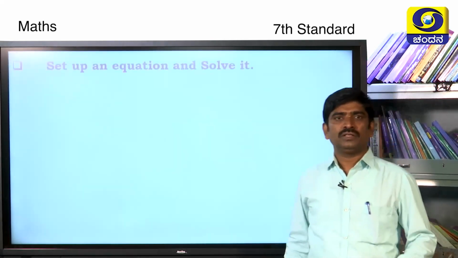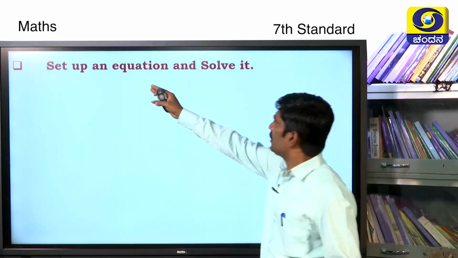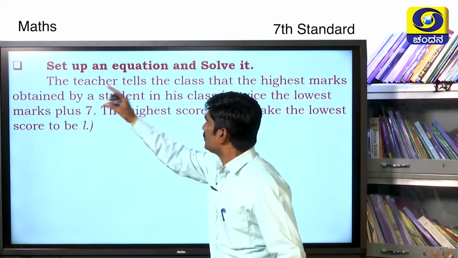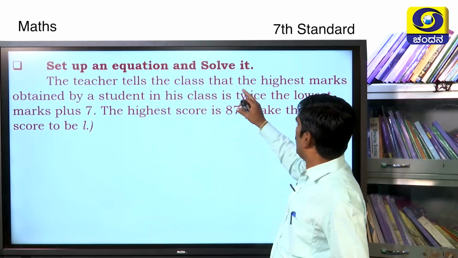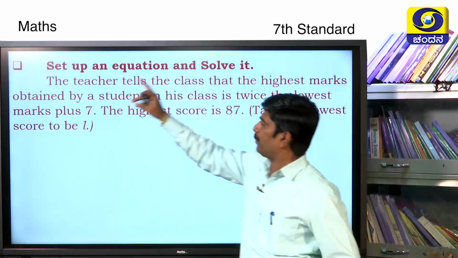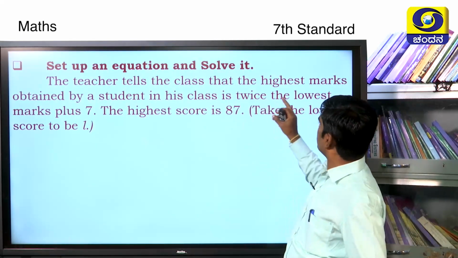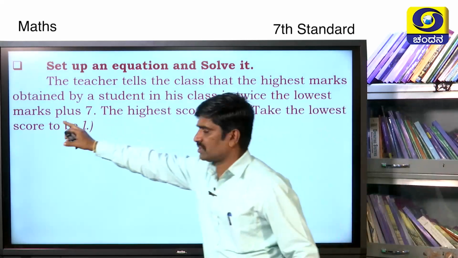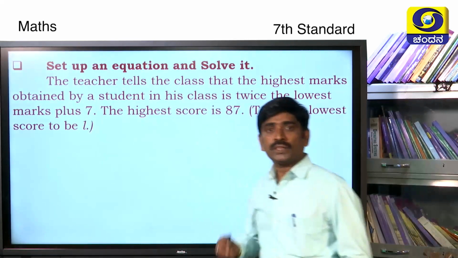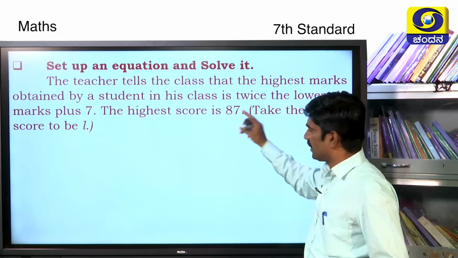Very good. Next question. Set up an equation and solve it. The teacher tells the class that the highest marks obtained by a student in his class is twice the lowest marks plus 7. The highest score is 87.